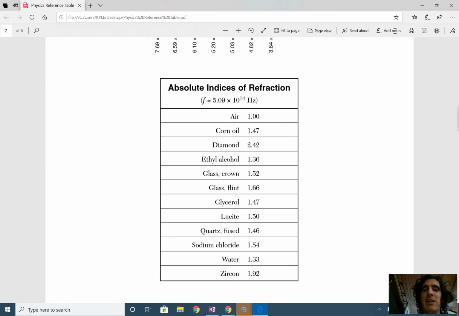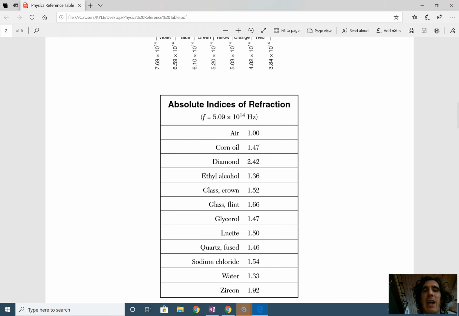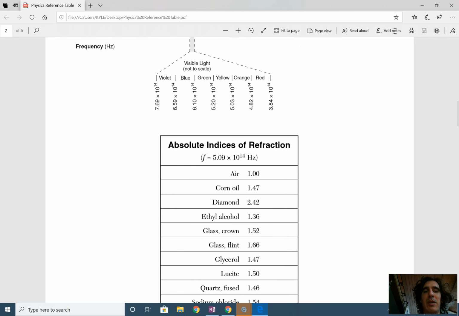Notice that air is the smallest value at 1.00. Everything else is relative to air. And the highest index of refraction is diamond. We see in parentheses that it's at a frequency of 5.09 times 10 to the 14th hertz. That's assuming that it's white light coming in. So it's the average of all of the visible lights.